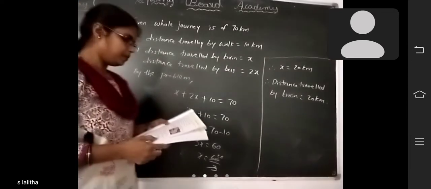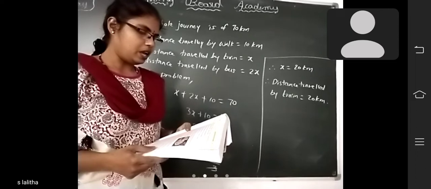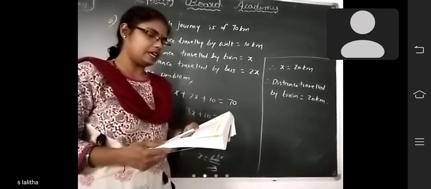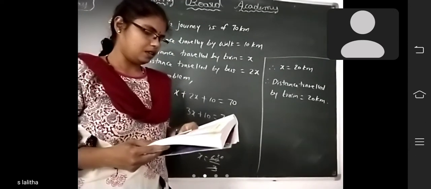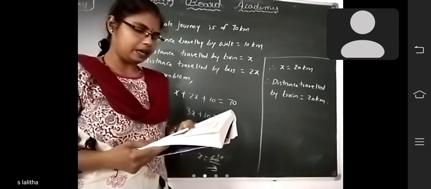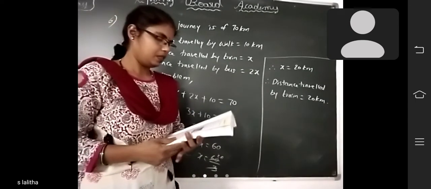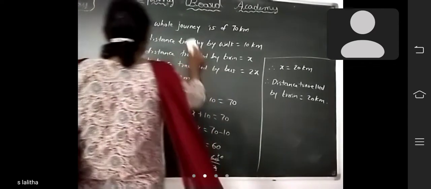See the next question. Vinay bought a pizza and cut it into 3 pieces. When he weighed the first piece, he found that it was 7 grams lighter than the second piece and 4 grams heavier than the third piece. If the whole pizza weighed 300 grams, how much did each of the 3 pieces weigh? So Vinay bought a pizza and he cut it into 3 pieces.